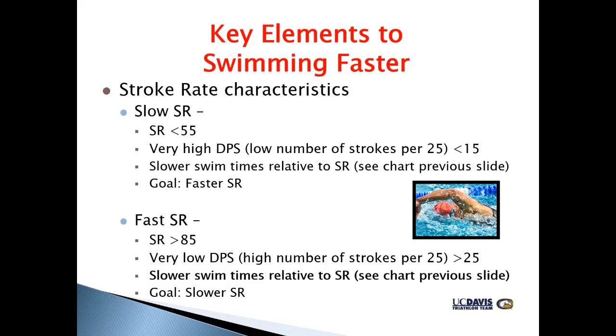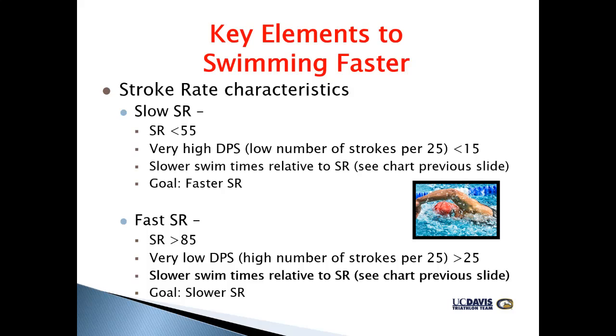You have a very low distance per stroke or a high number of strokes per 25, which is usually 25 or greater. And the slow swim times relative to stroke rate, in the chart, you'll see that. And obviously the goal here is to slow your stroke rate down.